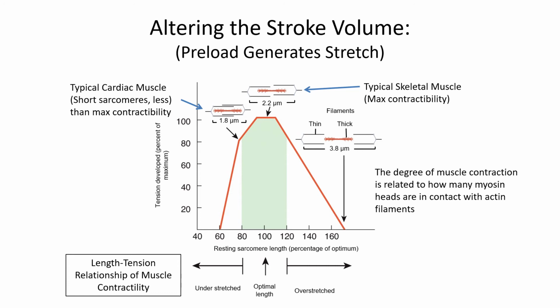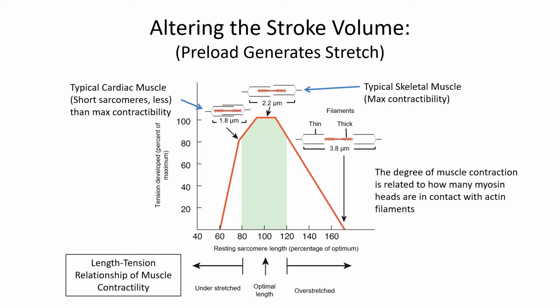Optimally, we want to have a bit of stretch to the muscle. So in the middle there, at the peak of our curve, you're seeing a situation where we have the optimal binding sites available. We have lots of opportunity for myosin to bind to actin. Now, when the ventricles contract, the muscle cells shrink, of course, and that's going to occur during systole.